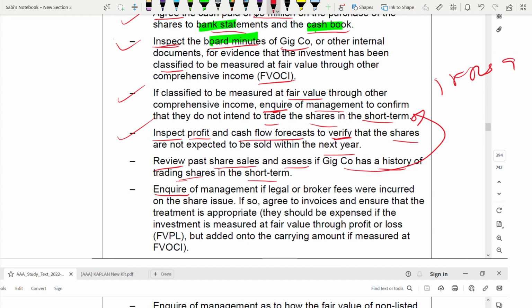You're reviewing the past share sales also to confirm they are not in the short term. Sometimes in more than one place you might be confirming the same thing, but the source of evidence will be different and your audit procedure will be different. Here you ask the manager, here you review the past.